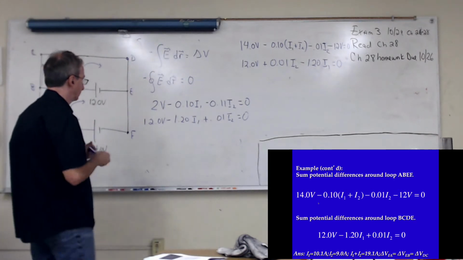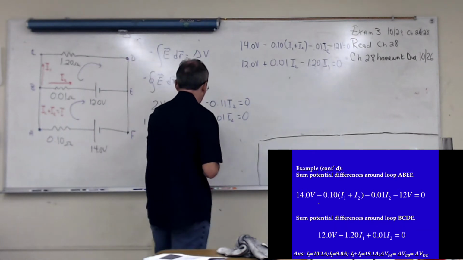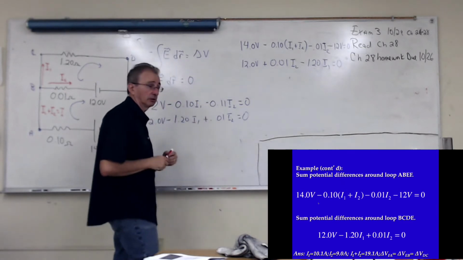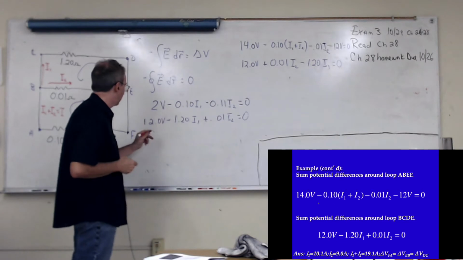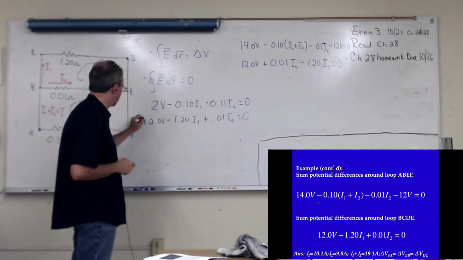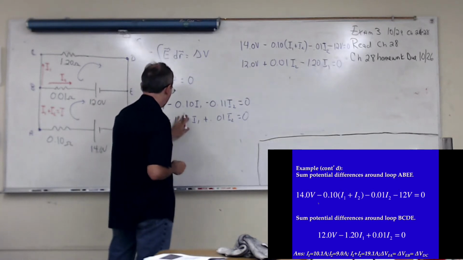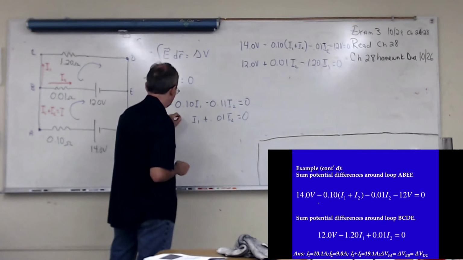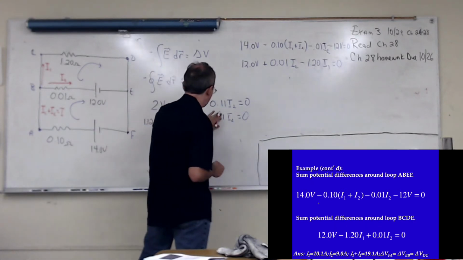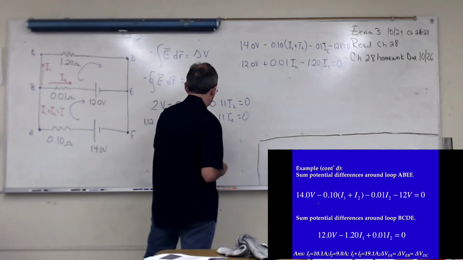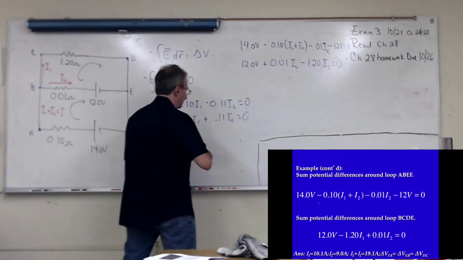Why don't I take the bottom one and multiply through by 11? Okay, I'm going to multiply the bottom one by 11. So 11 times 12 is 132. This gives me 13.2. And this gives me 0.11. And so now I'm going to add the equations.